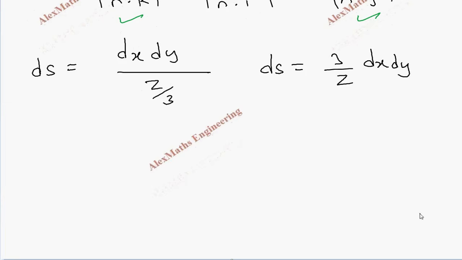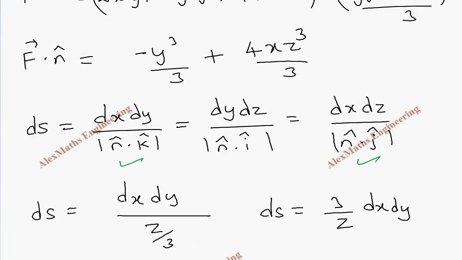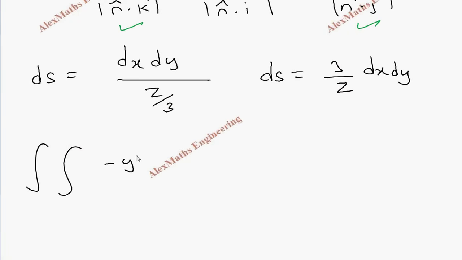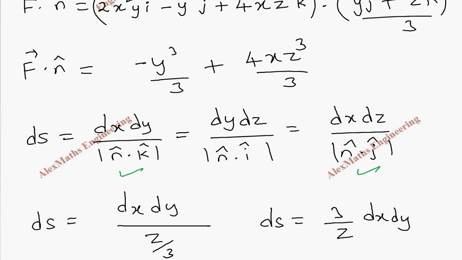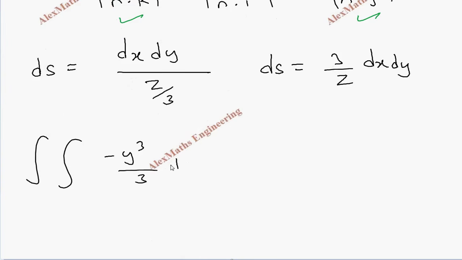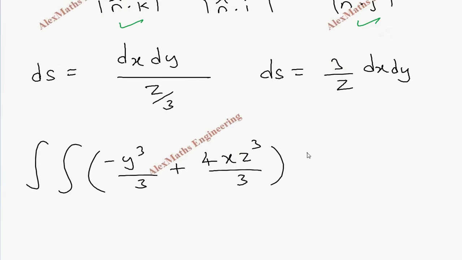So coming to the integration, we have double integral of f dot n cap, which is minus y cube by 3 plus 4x z cube by 3, into ds. ds is 3 by z dx dy.